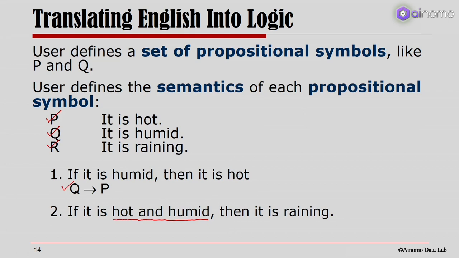So, this one I would write like P, that is it is hot, Q representing it is humid. So, I write the premise as hot and humid and the conclusion as raining, R. So, I would write that if P and Q then R. This would mean if it is hot and humid then it is raining.